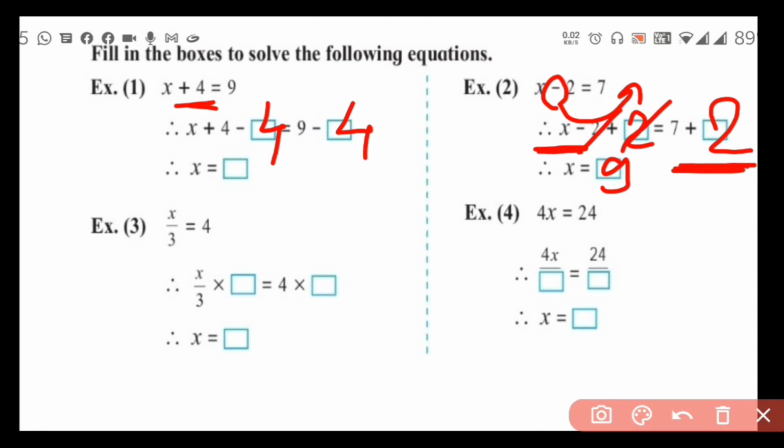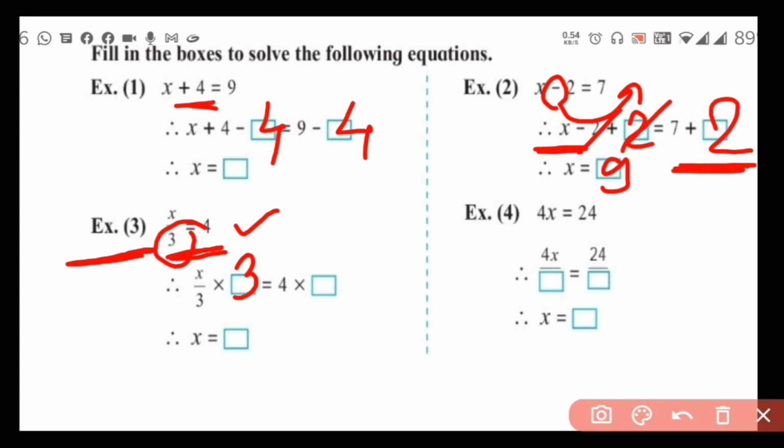Similarly, if you solve the third example, we have x upon 3 is equal to 4. Upon 3 means divided by 3. So when divided by 3 is there, what is its opposite operation? Here division is given, so we have to perform exactly the opposite operation of it. Since it is divided by 3, we have to multiply by 3 on both the sides.